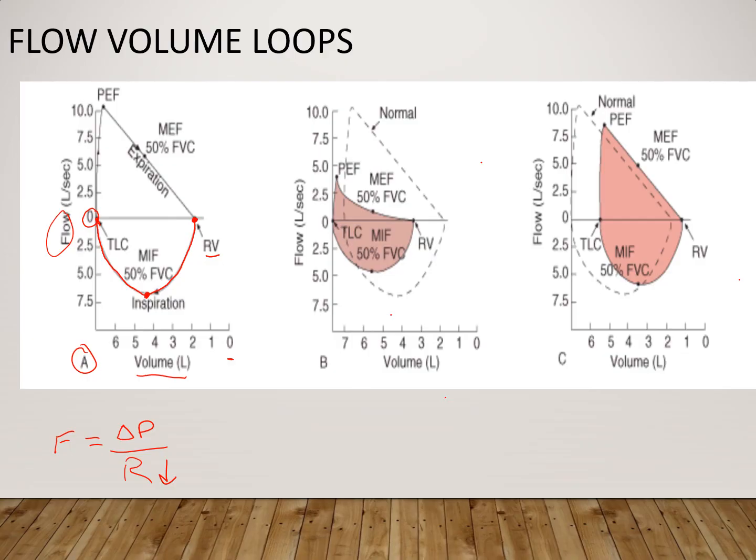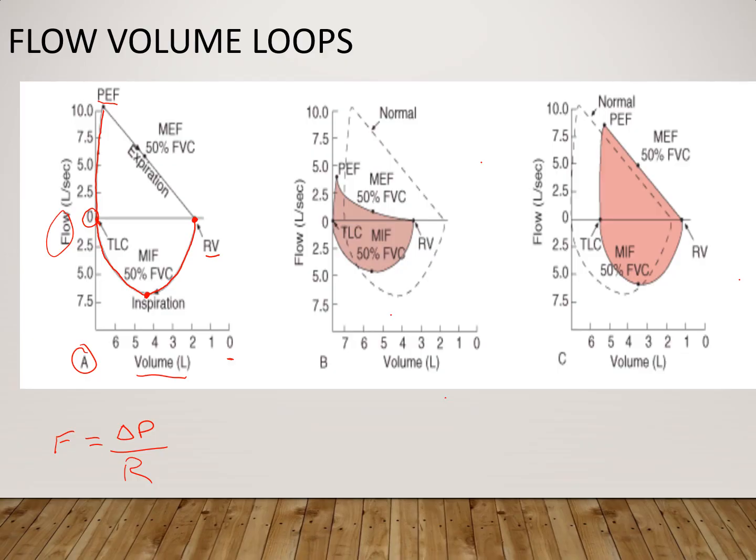Now, in terms of exhaling, when we exhale, you see on the top portion of this graph, there's a steep upward curve, something we call the peak expiratory flow. And you'll notice that that goes up sharply and quite quickly, right? So what's actually happening here is that the resistance hasn't gone up yet.